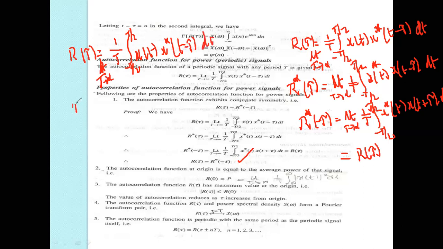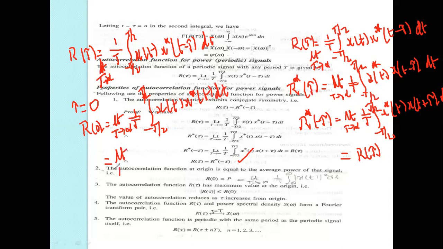At tau equal to 0, R of 0 is equal to the limit t tends to infinity, 1 by t, the integral from minus t by 2 to t by 2, x of t, and tau is 0 means x conjugate of t dt. What is x of t times x conjugate of t? The squared magnitude.